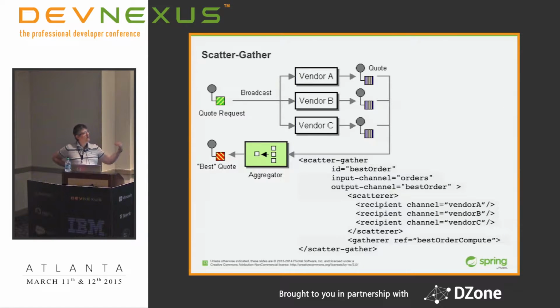This is a very simplified definition. Basically, the gatherer is nothing more than an aggregator that has a reference to an aggregator bean and computes the final result based on the responses from all 3 vendors. So that's one way we simplified the way you write Spring Integration applications.